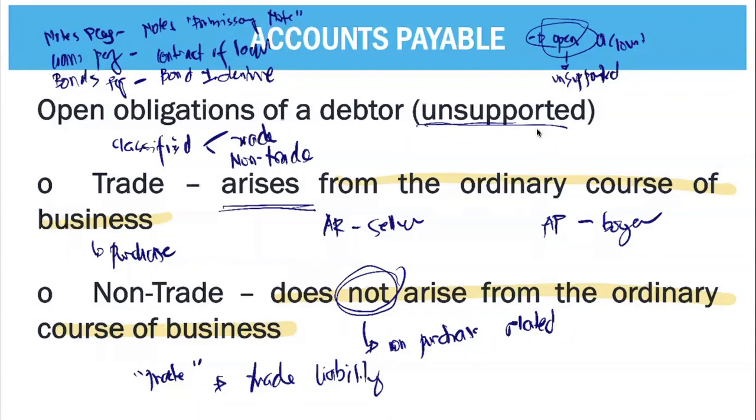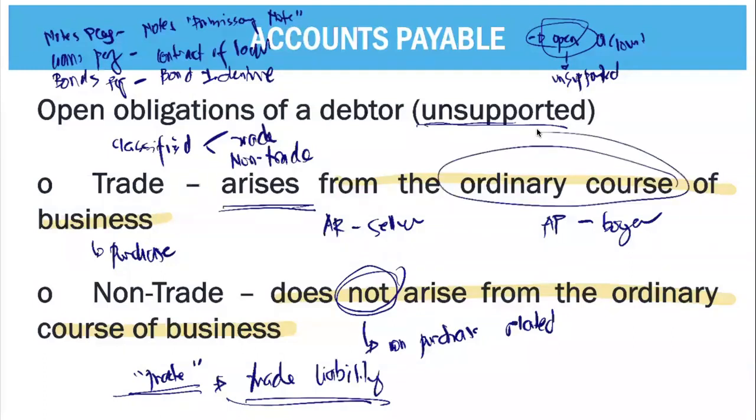So in case you are asked how much is the total trade liability, everything with trade in the account name is a trade liability. These arise from the ordinary course of the business, and since we are looking at the buyer side, that is in the form of a purchase.